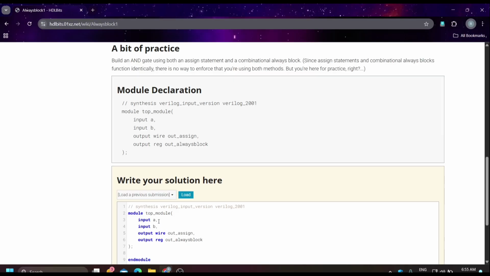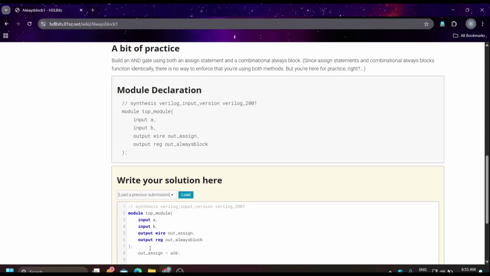Here two inputs are given, a and b. We have two outputs, out assign and out always block. So this out assign is for the assign statement. Out assign equal to a and b.